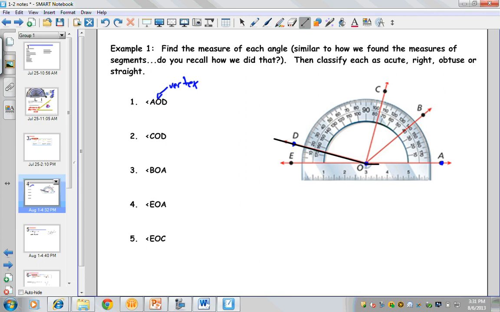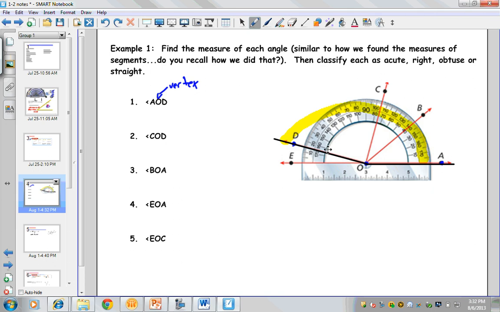Angle AOD. If you need to see it even more, this angle right here, from here all the way over to here, it's a big angle. It already looks obtuse, but we're trying to look for the actual measure of it. Notice that this is the bottom part of the angle, and I'm keeping things simple by just saying the bottom side. And if you look at this angle right here, I believe this is bad quality.